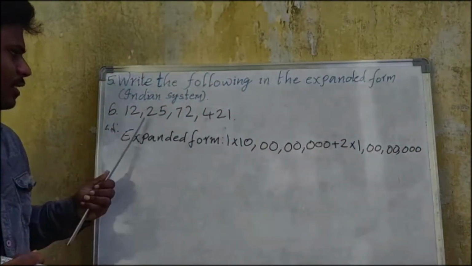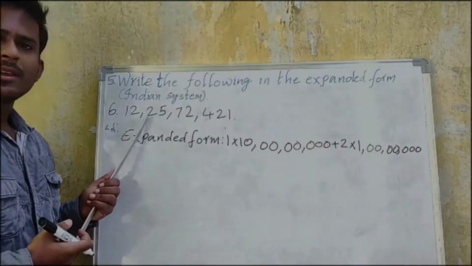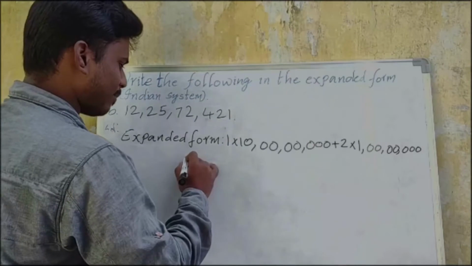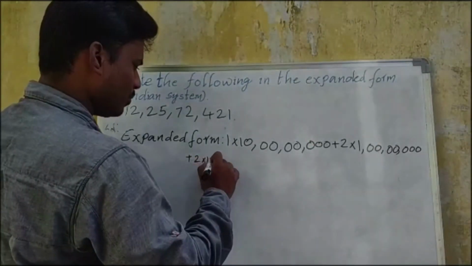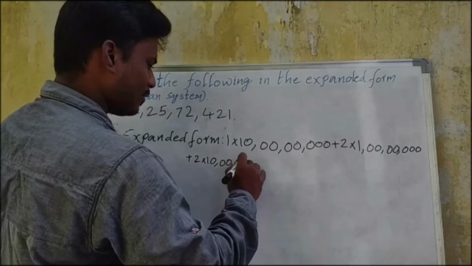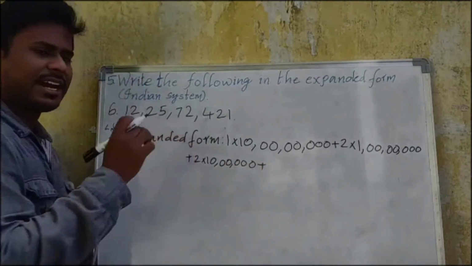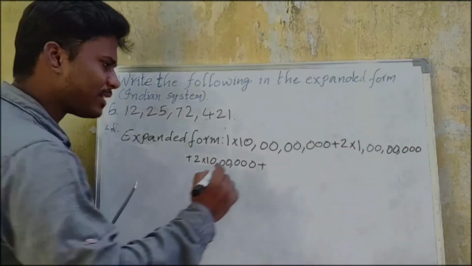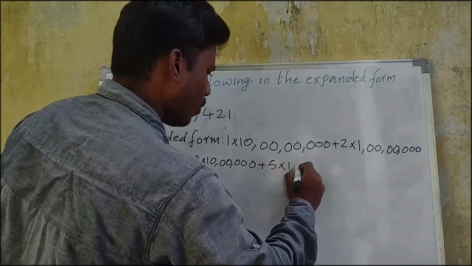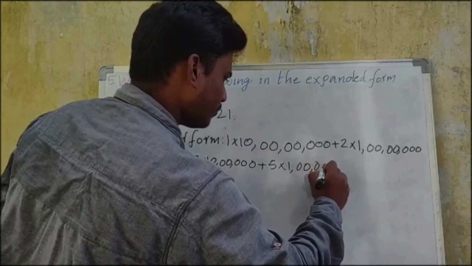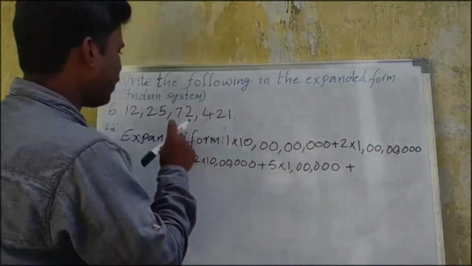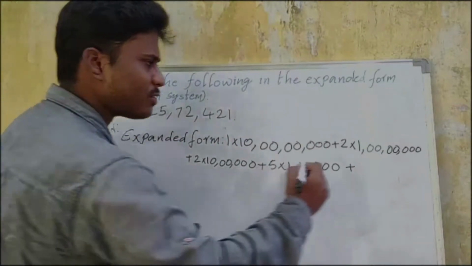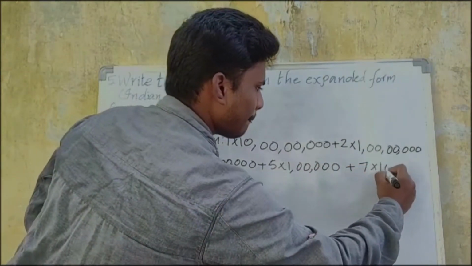After that, next digit 2 in the 10 lakhs place, so 2 into 10 lakh. Then we have digit 5 in the 1 lakh place, so 5 into 1 lakh, plus 7 is in 10,000 place, so 7 into 10,000.